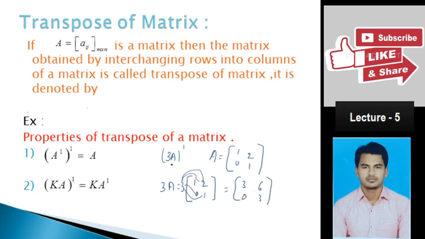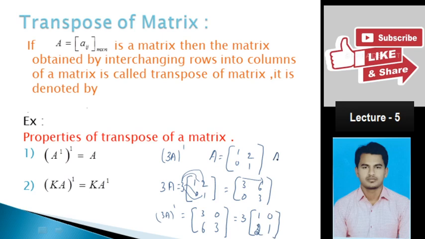What is 3A dash? 3A dash means interchanging rows into the columns, [3 0; 6 3], isn't it? It is also equal to 3 common the matrix [1 0; 2 1], isn't it?